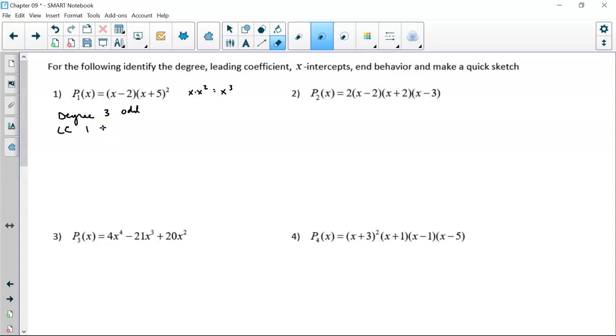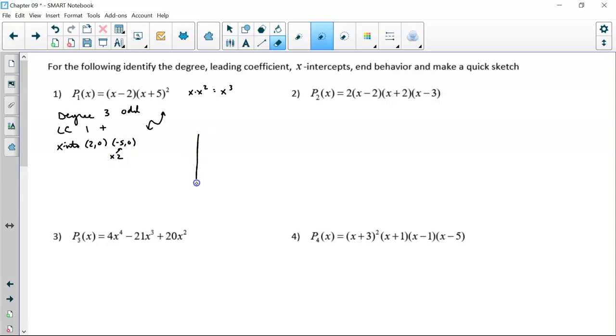So we know our graph, because it's odd and the leading coefficient is positive, is going to look something like this. Now we can also make some assumptions based on our zeros, the x-intercepts. Set the binomials equal to 0. So 2, 0, negative 5, 0. Now this one is repeated twice.